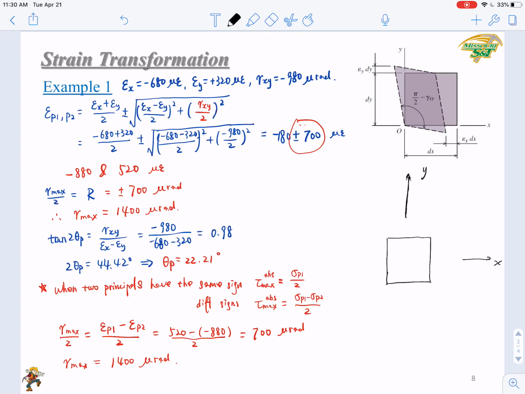The principal strain appears when you rotate by an angle, here, 22.21 degrees. So this angle is theta p equals 22.21 degrees.